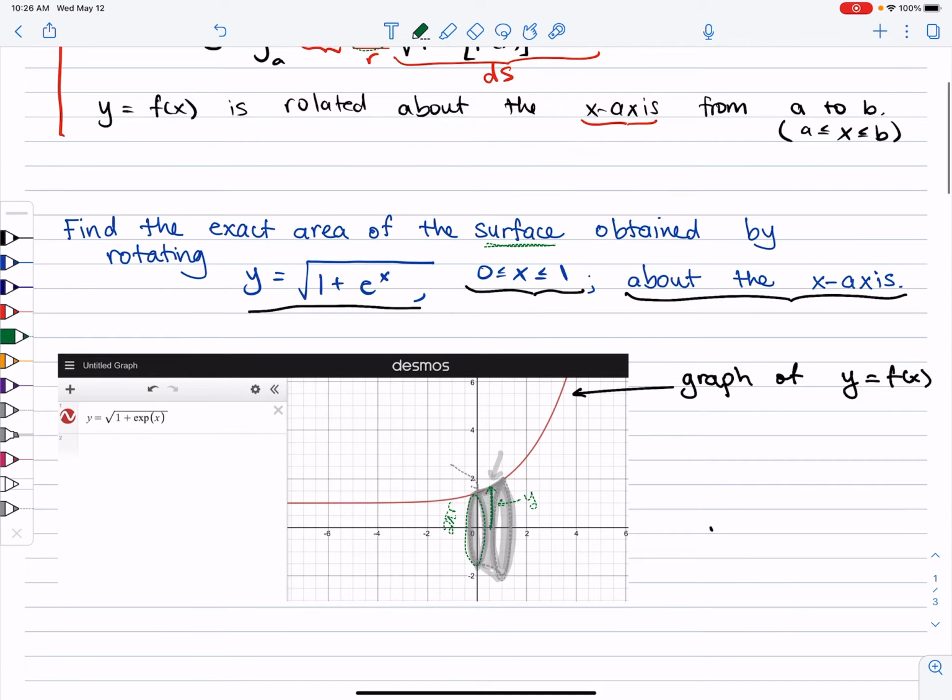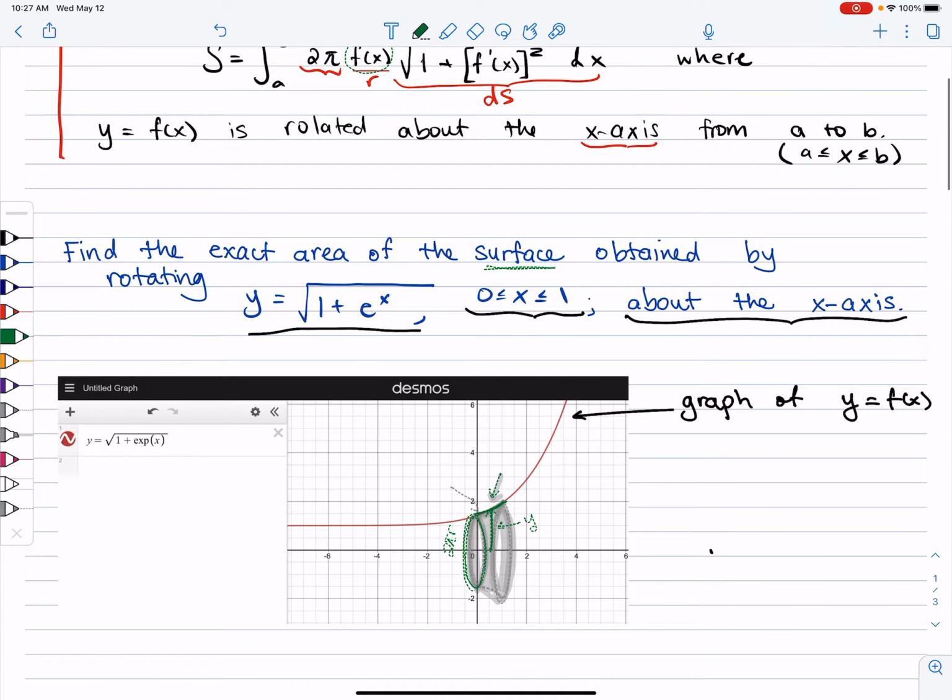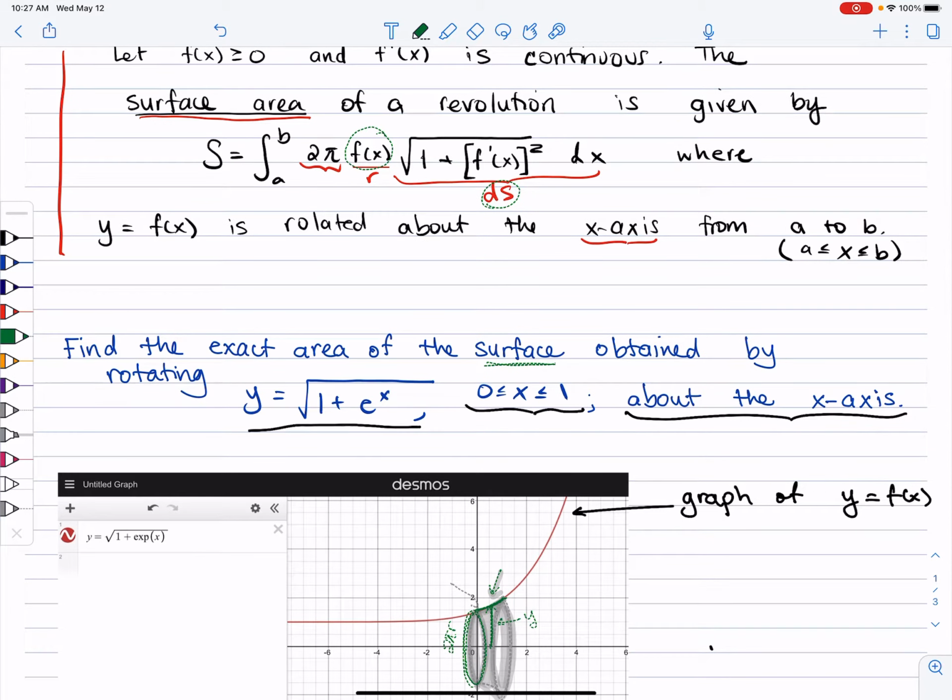So we're going to get this circumference, and then we're going to multiply times the height. Well, the height of it, you can think about it as being the length of the curve, which we're going to write as a ds. And we talked about the integral from a to b of ds in the past.